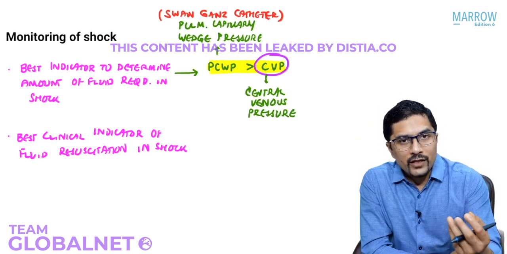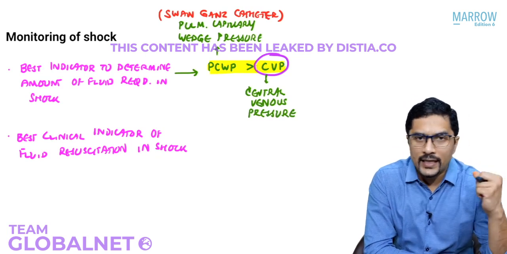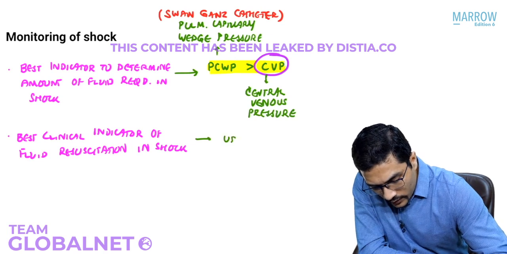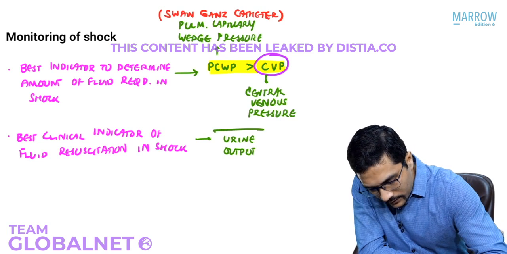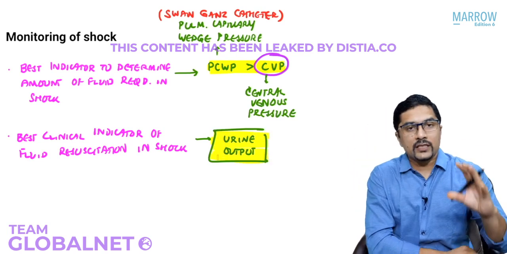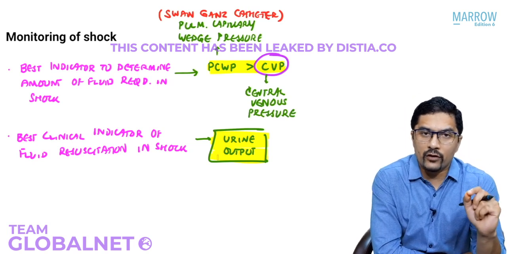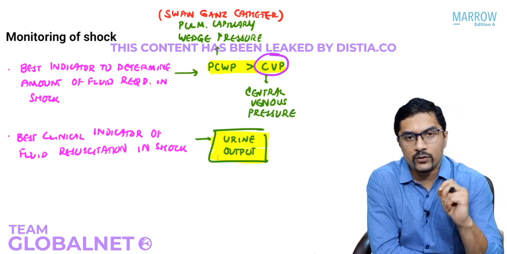Now, once you have given fluid, how do we know whether that fluid has been adequate or inadequate? That is determined by the urine output. Very, very important question. These two questions have been asked at least 20 times in the exam. So you should read the question carefully and then answer after assessing what the examiner is trying to ask you.